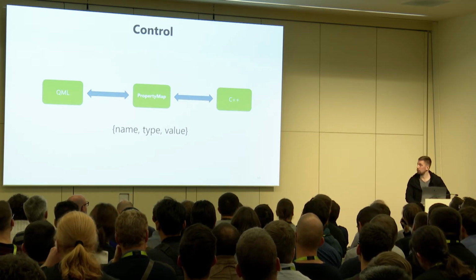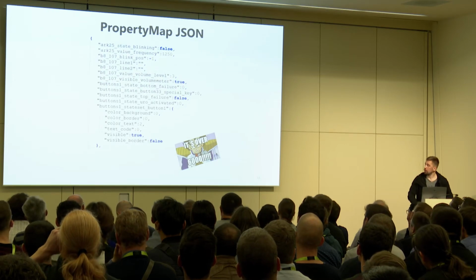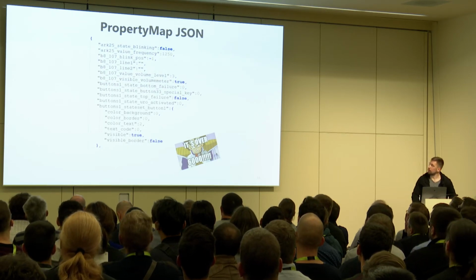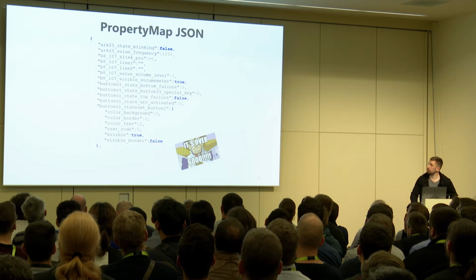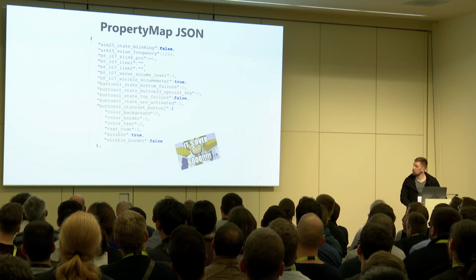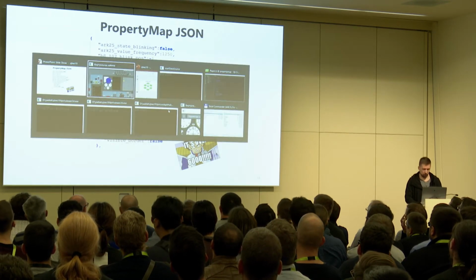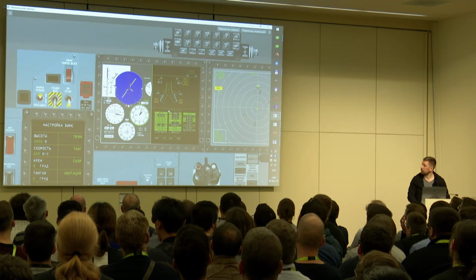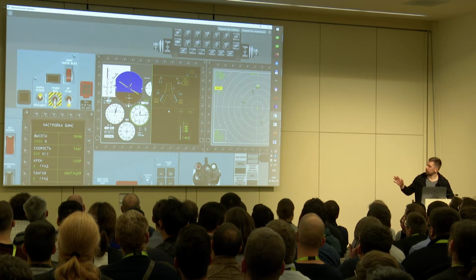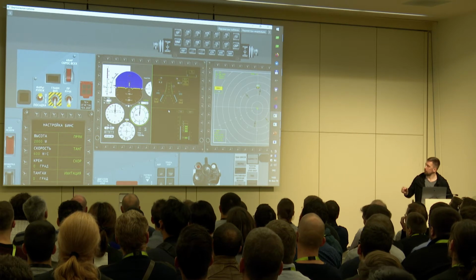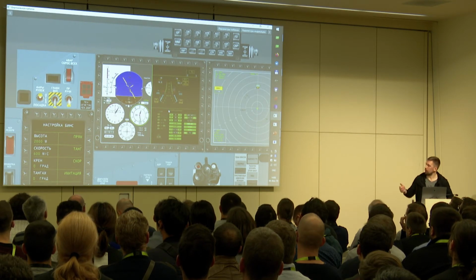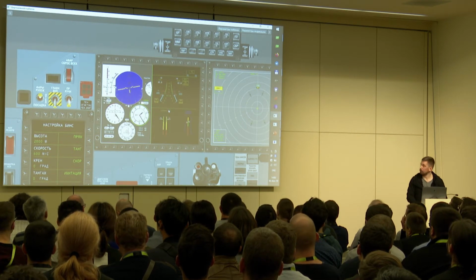And the abstract JSON representation of that map may look like follows. There are over 6,000 properties in this table. And all of them are powering this UI. Now there are roughly 50 properties changes simultaneously, but it can actually handle all 6,000 of them.